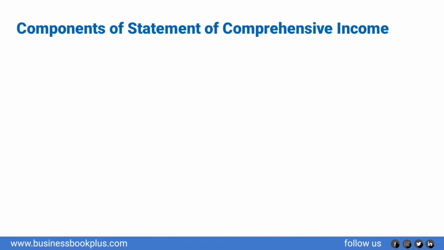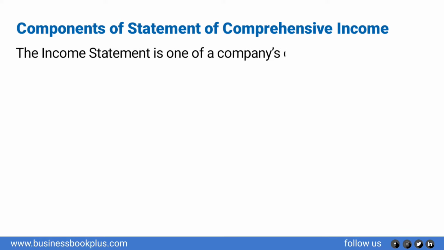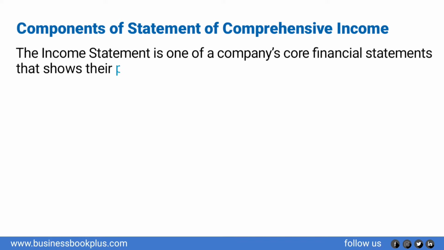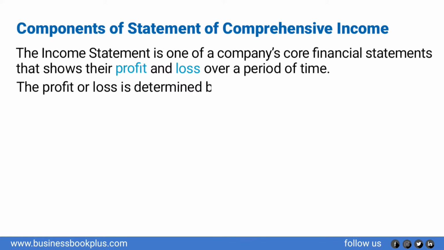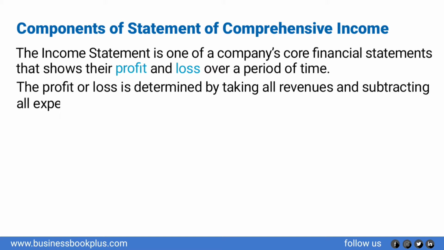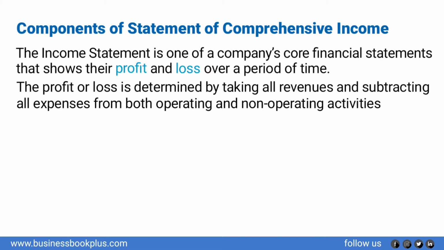Components of statement of comprehensive income. The income statement is one of a company's core financial statements that shows their profit and loss over a period of time. The profit or loss is determined by taking all revenues and subtracting all expenses from both operating and non-operating activities.